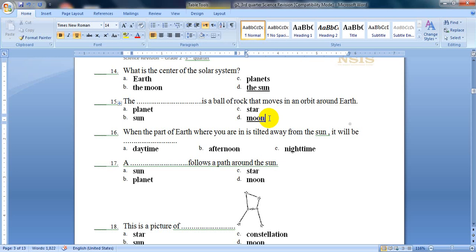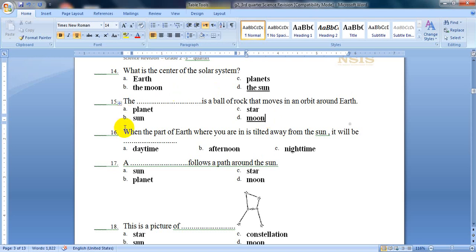This moon is a ball of rock which is moving around Earth. It doesn't have any light. It gets its light from the sun and then reflects it back on Earth. So, the moon is a ball of rock that moves in an orbit around Earth.